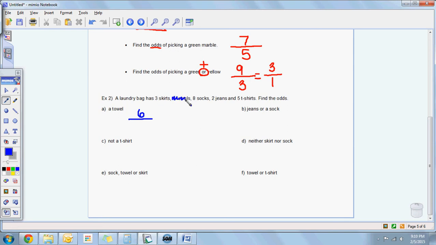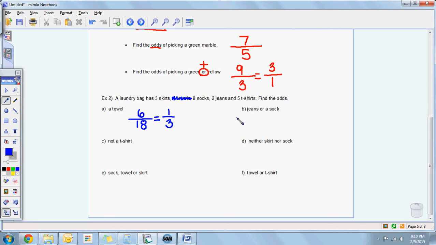So we could cross that off, and you're literally going to add up everything that's left over. So we have 18. You're not going to put the total, you're just going to do whatever is left. So we have to simplify. You can type that into your calculator or figure out what you can divide by each. And you're left with 1 over 3.